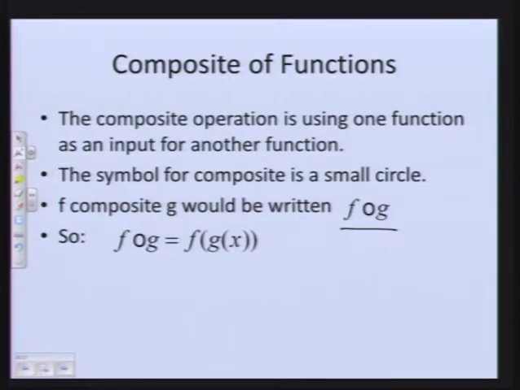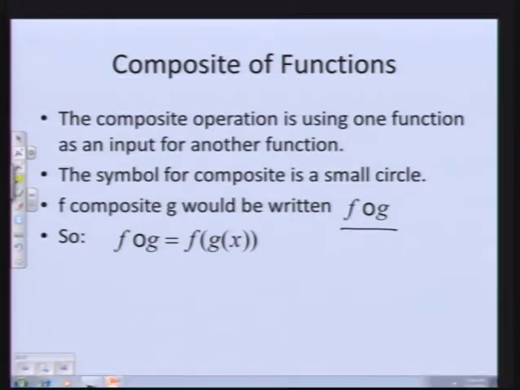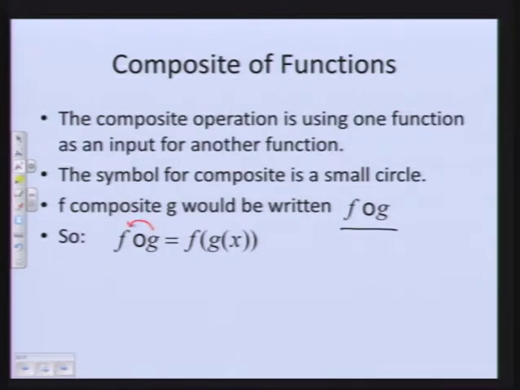Now the order of this is very important. The composite of g into f. F circle g means that we're going to take g and we're going to put it inside of f. Now I'm going to refer to the first function as the dominant function. Let me spell dominant correctly. Okay, the first function is called the dominant function.